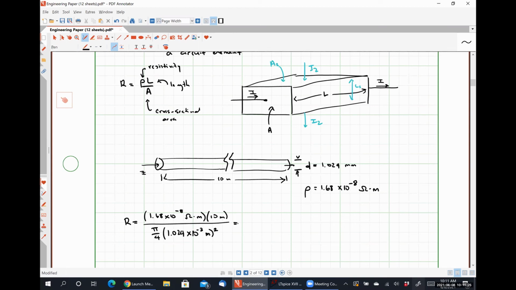And we would find that our section of wire, which is 10 meters long, has a resistance of 204 milliohms.